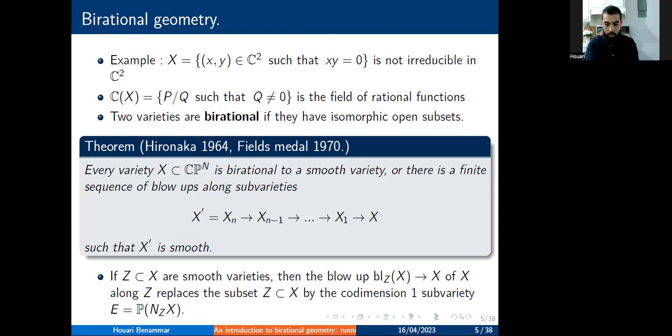Okay, so now we take two smooth varieties, Z in X, and then we take the blow-up along the subvariety Z of X. So we can see that the exceptional divisor is exactly the projectivization of the normal vector bundle.